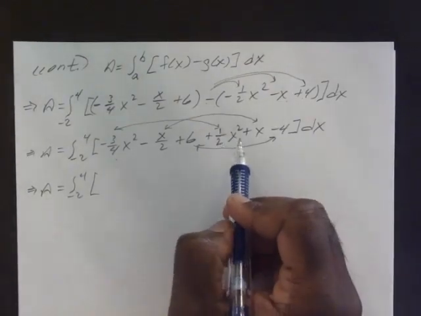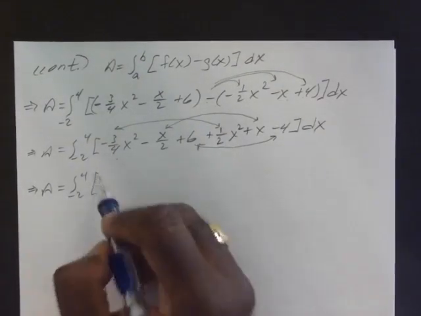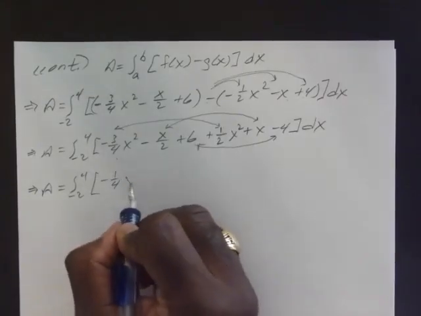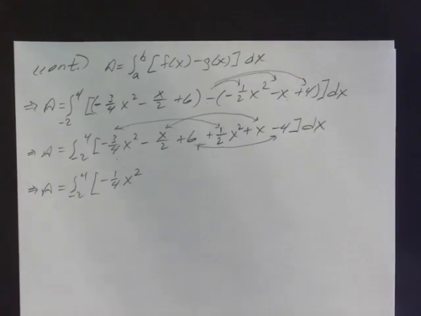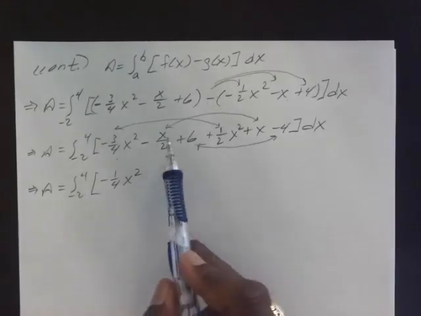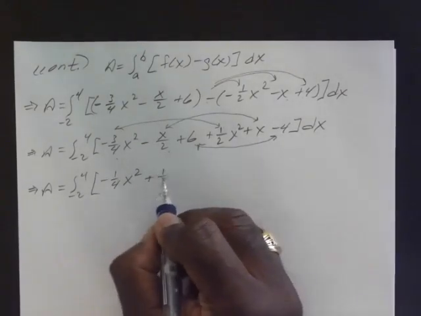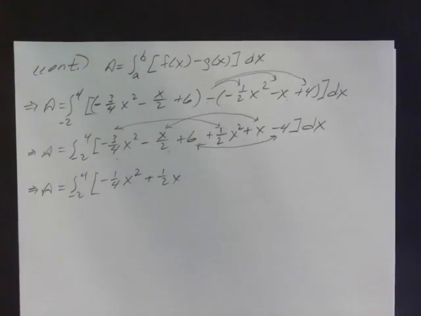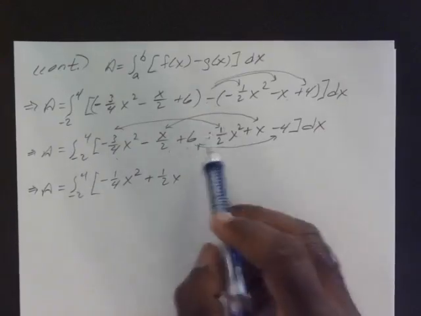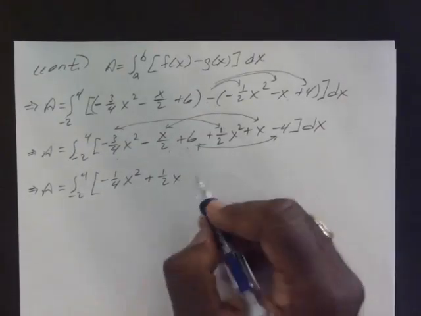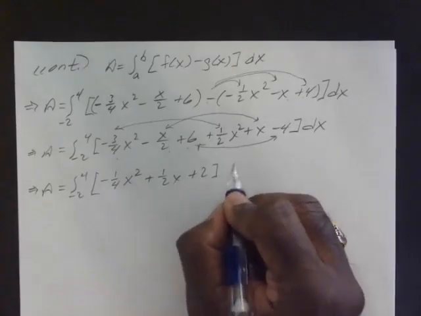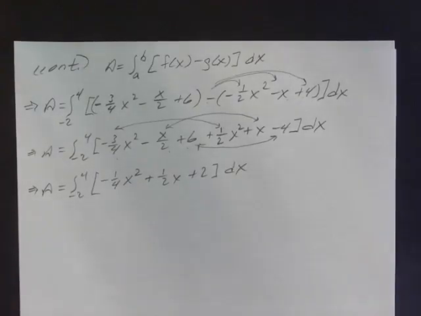Okay, so 1/2 x squared times -3/4, that's -1/4 x squared. -1/2 x plus x, that's +1/2 x. And 6 minus 4 gives us 2 with respect to x.